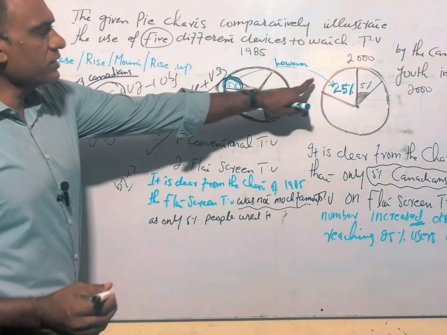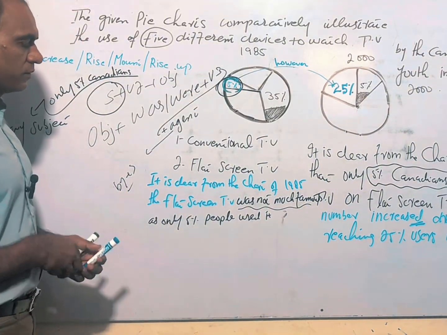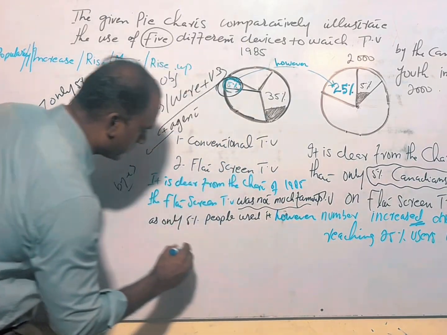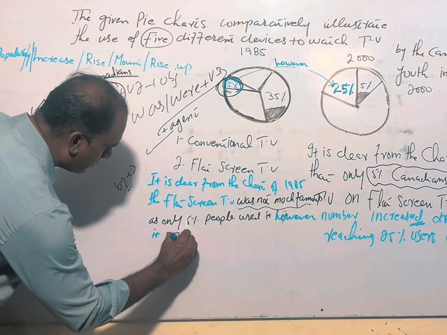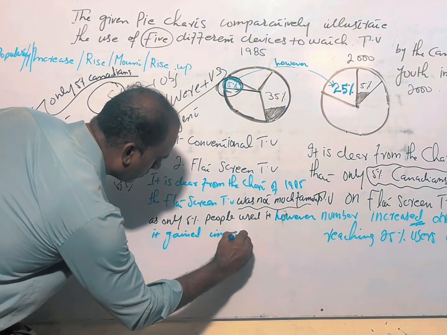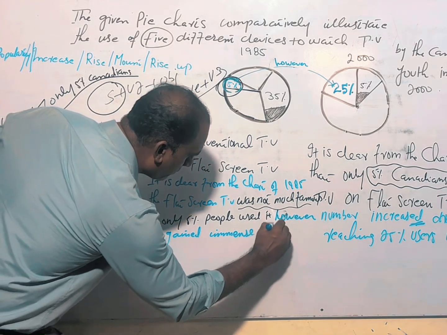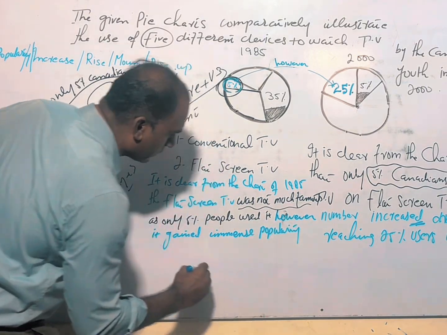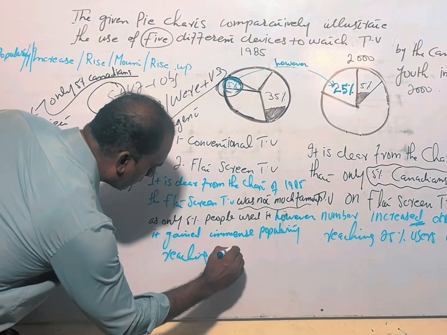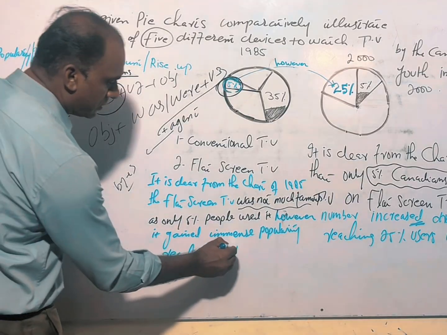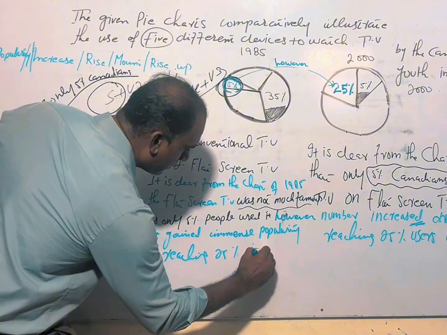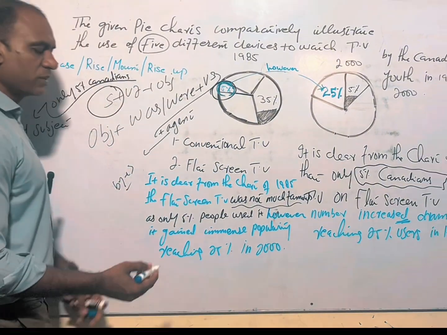Now, but you can see it gained a lot of popularity after the period of. So you should be saying, however, it gained immense popularity, reaching 25% in 2000 or in the year 2000.